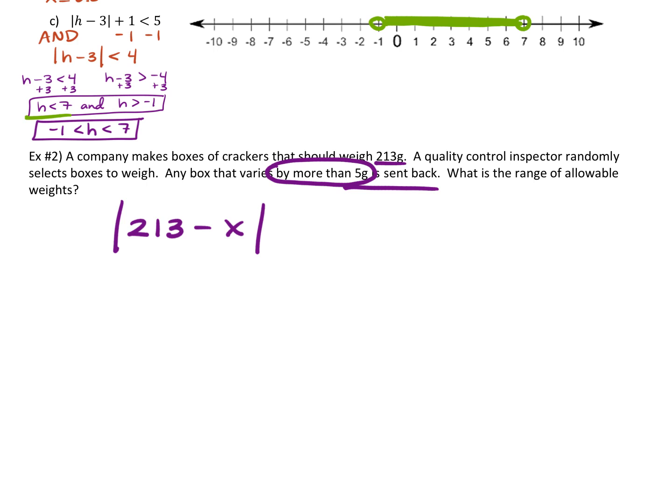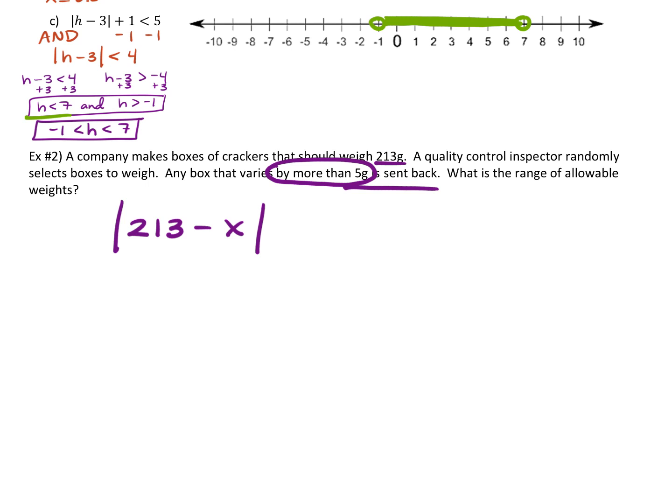Well, this is asking, okay, that's tricky. Right. This says any box that varies by more than 5 grams is sent back. But then read the question. What is the range of allowable weights then? So we want it to be a difference of less than 5 grams, right? Because if it's more than 5 grams, it gets sent back.